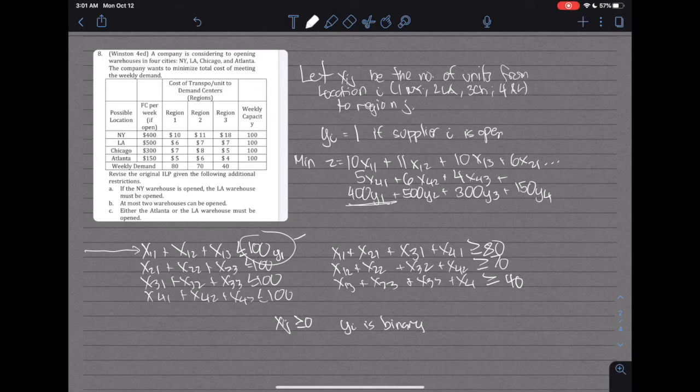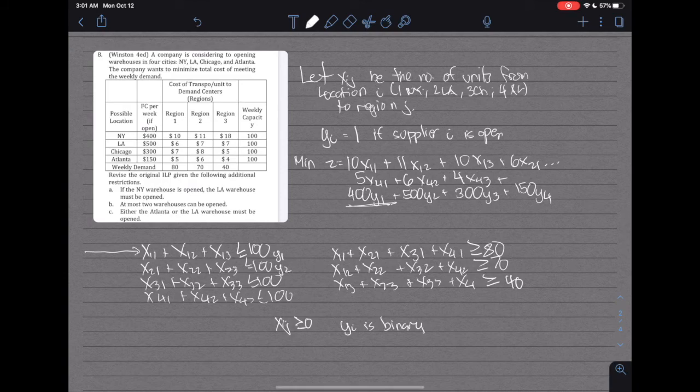So let's just use the same concept for all constraints and for all plants. So we go, the capacity constraint of plant 2 is less than or equal to 100 y2. Again, if plant 2 is open, it has a capacity of 100. However, if it's closed, its capacity will be 0. The same goes for y3 and y4.